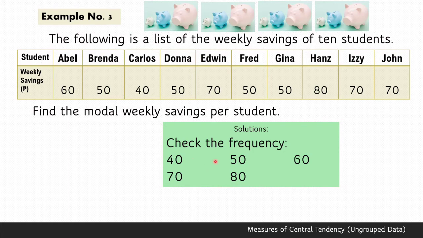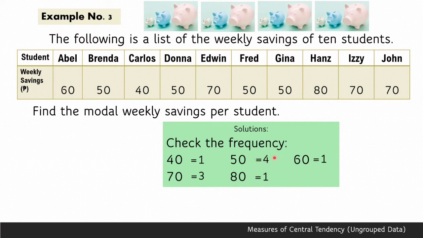So how many times did 40 appear in our data? Once, yes. How about 50? It appeared 4 times. That's 1, 2, 3, and 4. 60 appeared how many times? Only once. And then 70 appeared 3 times. We have 1, 2, and 3. And finally, 80 appeared only once. Now, focusing on the frequency, the highest would be the number 4.